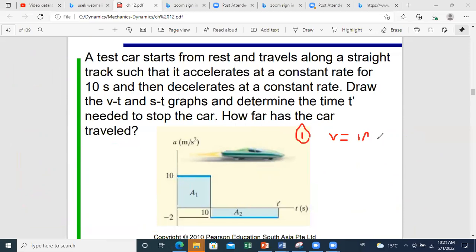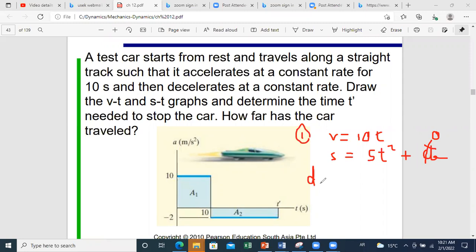So if I integrate this function, I get that s is 5t squared plus a constant, okay? And I can consider that at t equals 0, the particle was at the origin, so my constant will be equal to 0, okay? So now I can say that during phase 1, what is d1?